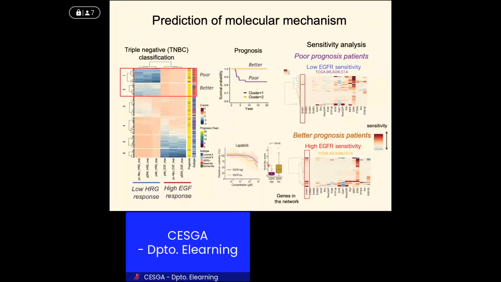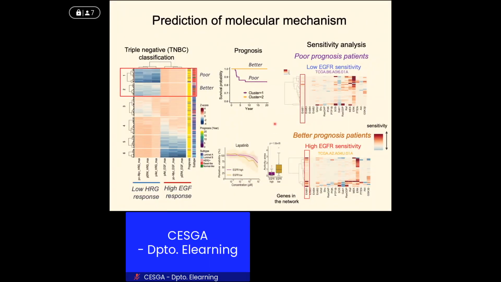And we used the CCLE, the public database, because they have drug response data. I'm cutting the very detailed parts here, but we validated that actually the better prognosis group is sensitive to the EGF receptor targeting drug.